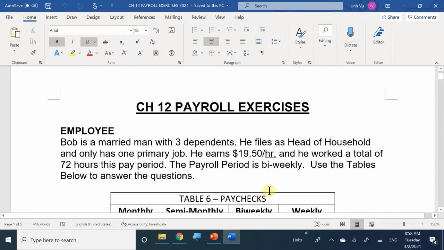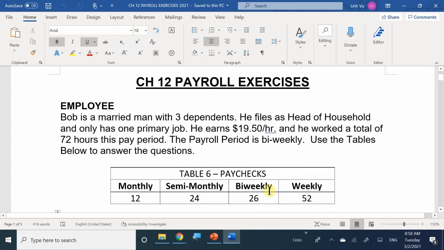So here is question number 1. All right, so here's a scenario. Now we're dealing with our employee. We have a man named Bob. He's a married man with 3 dependents, okay? He files as head of household, okay?